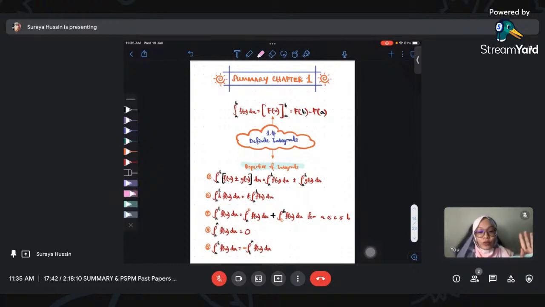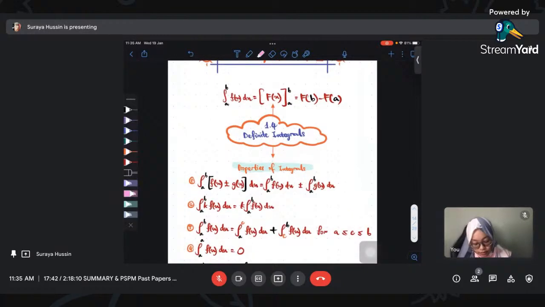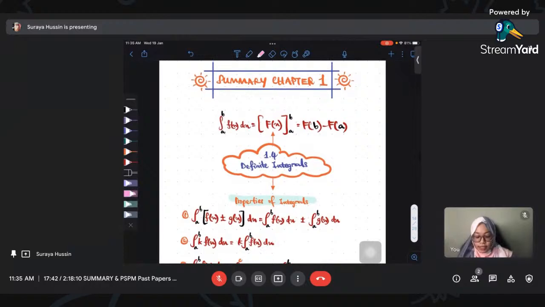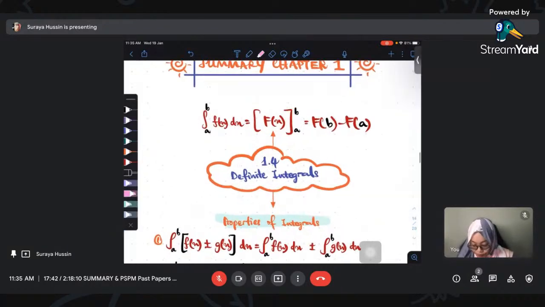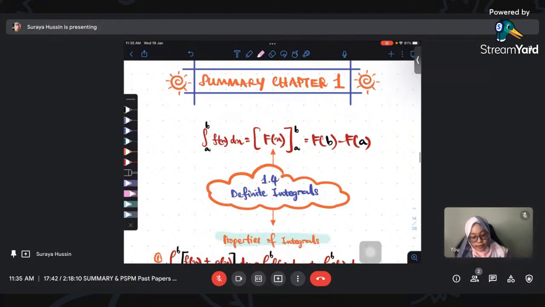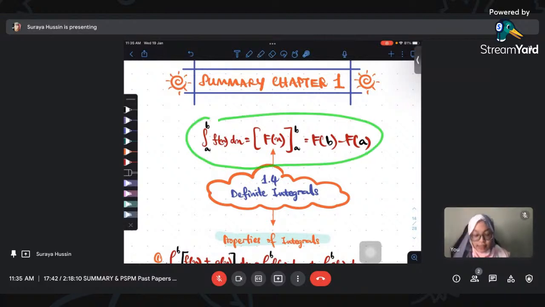Simple saja. So now let's move forward to the summary for the last subtopic untuk chapter 1 iaitu 1.4 definite integral. So definite integral, beginilah formulanya. This is the formula. Okay?